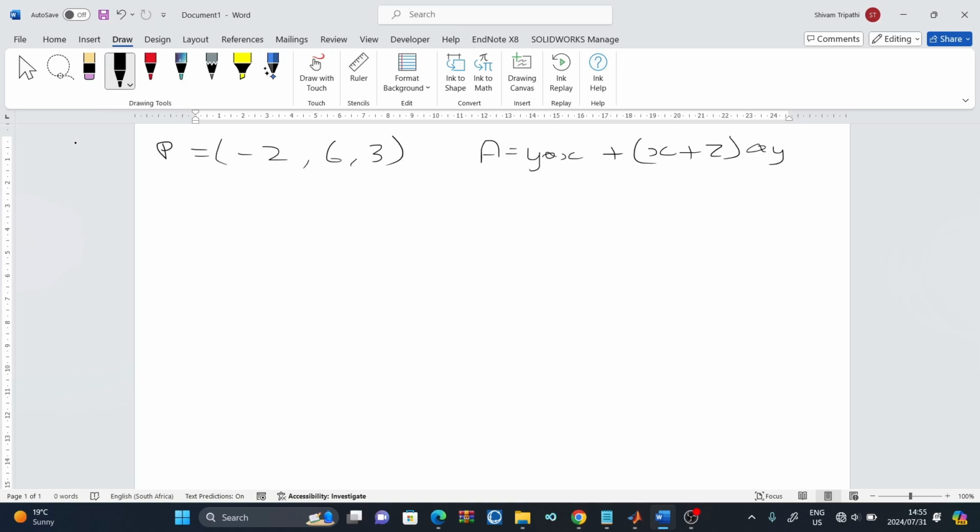So they say we must express P and A. They want the cylindric coordinates of P, then they want the cylindric coordinates of A. So they say express P and A in cylindric and in spherical.